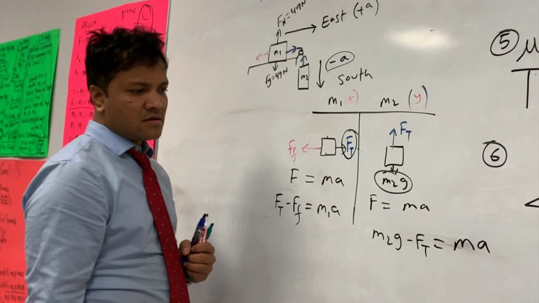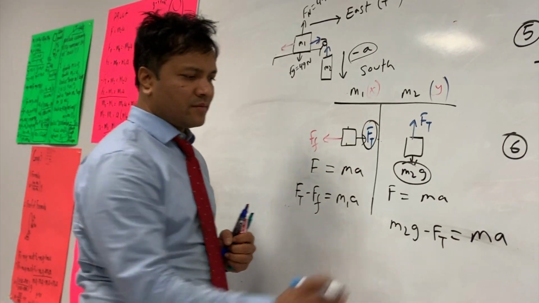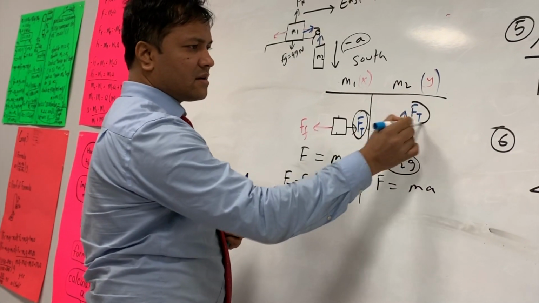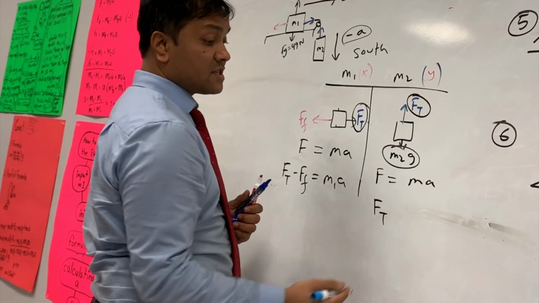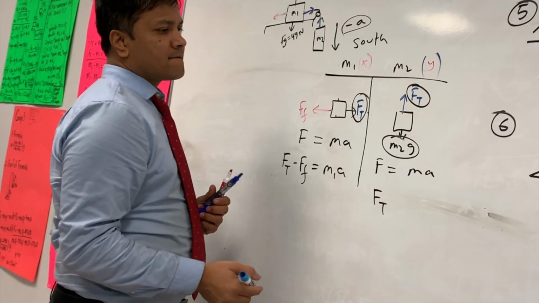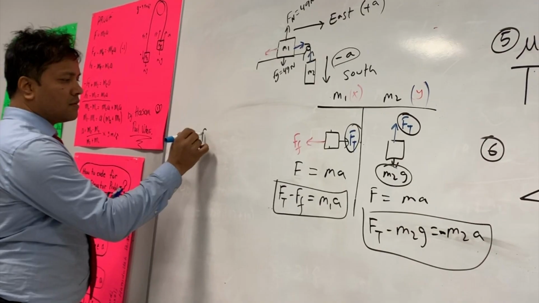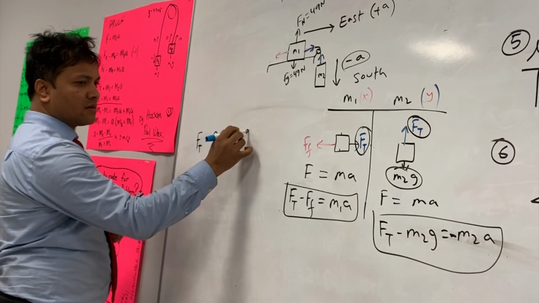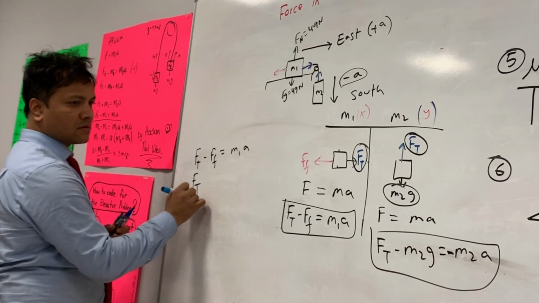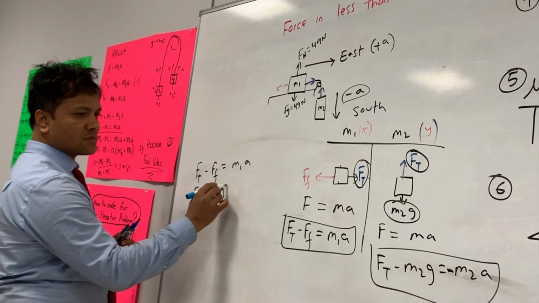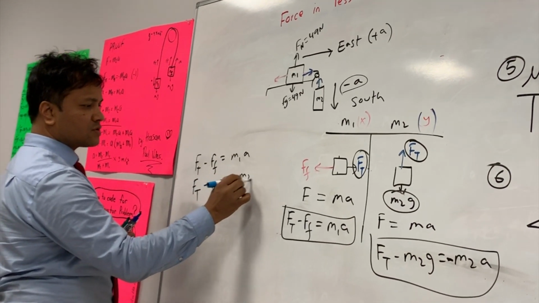All right, so you can do it both ways. So let's do it the way that makes more sense: Ft minus Ff is equal to m1a, and then Ft minus m2g is equal to minus m2a.